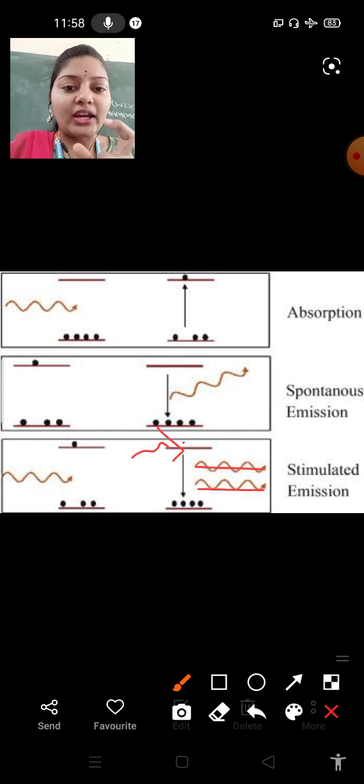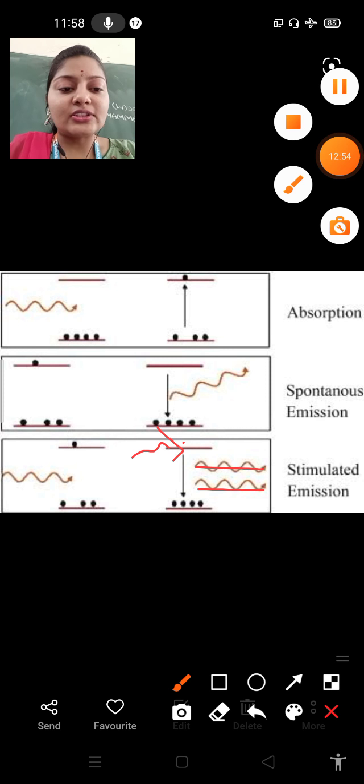After that, the atom automatically comes to the ground state without supplying any energy. So that is about the lifetime of the atom in the excited state.